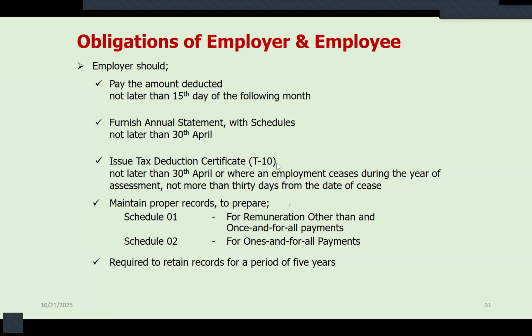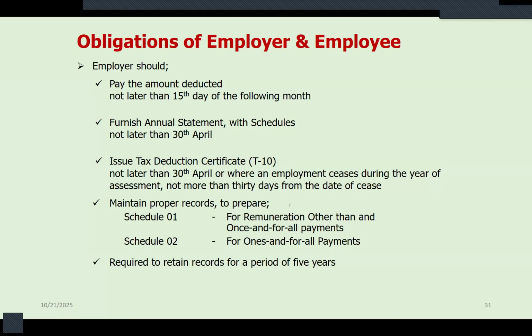Using this T10 form, the employee can calculate their own tax liability if he should submit an income tax return. At that time, he can use this T10 form to calculate his assessable income from employment, because it includes every income received from his employer.